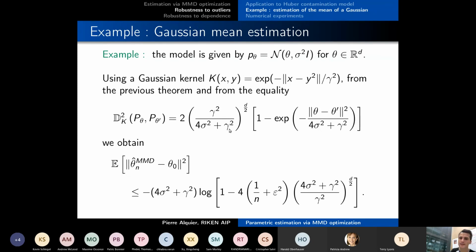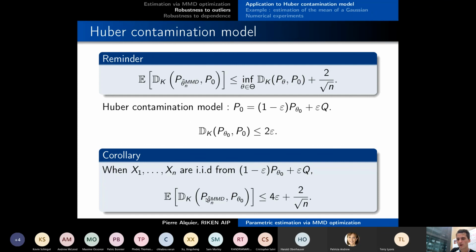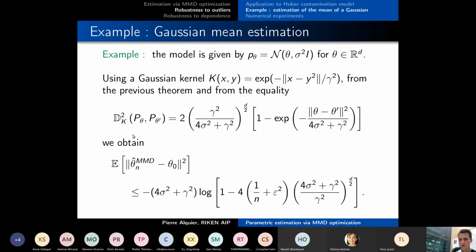But the point is that if you plug this into the previous theorem, instead of having a bound on the distance between P theta hat and P theta naught, you can obtain a bound on the distance between theta hat and theta naught. So you obtain from the previous that the expectation of the distance between theta hat and theta naught is upper bounded by this. It's just an inversion of the formula above.